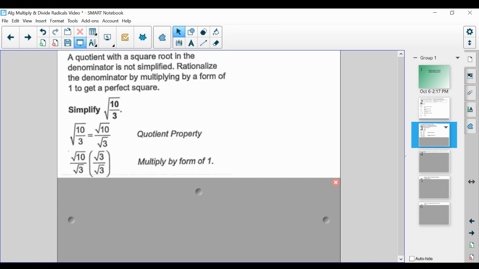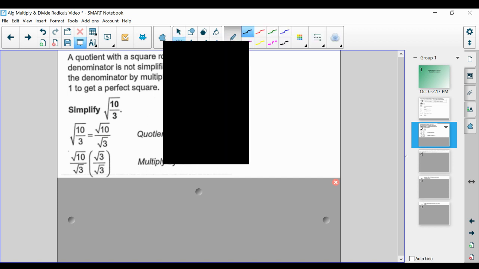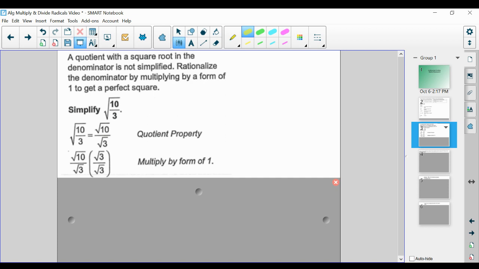Now we're allowed to do this because we're only really multiplying by 1. Here is what I mean by that. We're multiplying by the square root of 3 divided by the square root of 3. Well, anything divided by itself is 1. So we're not changing the overall value, we're just changing a little bit how it looks.